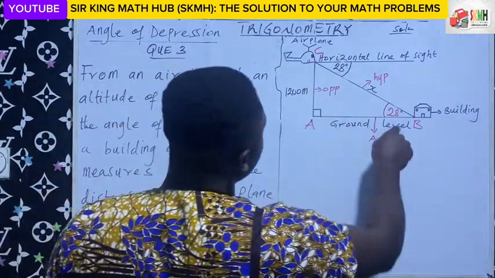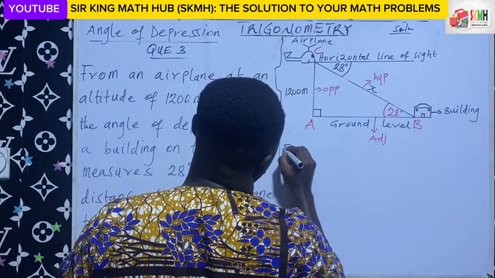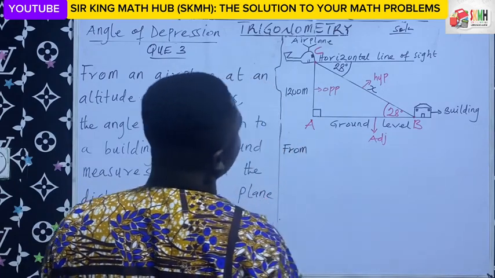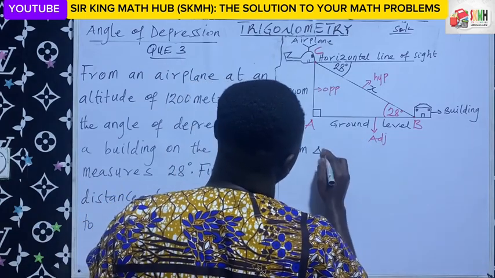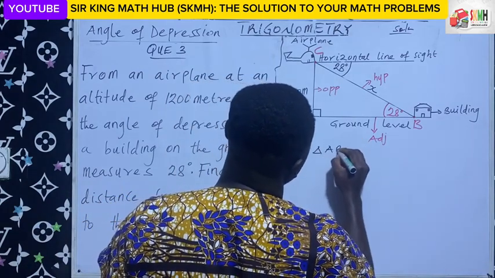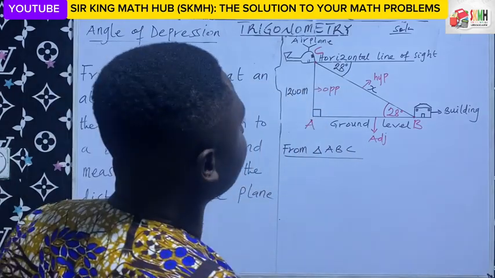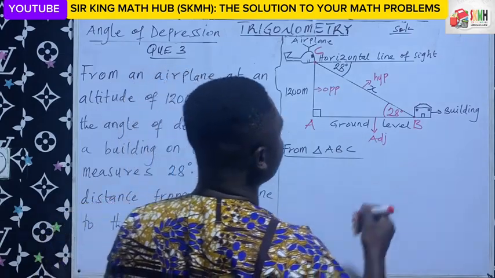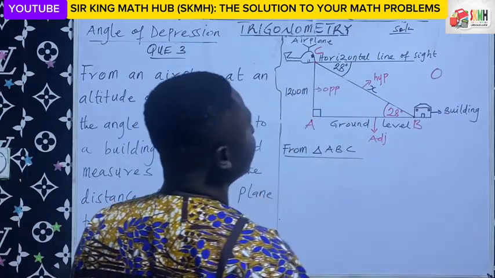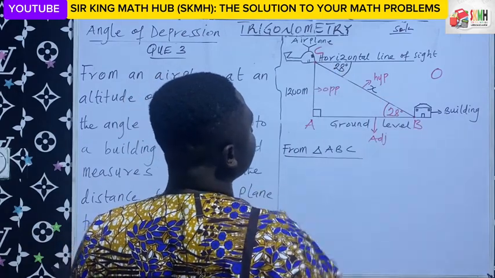So how then do we name this right angle triangle? I'm naming the triangle as triangle ABC. So now we know the length of the opposite, and then we are looking for the length of the hypotenuse.